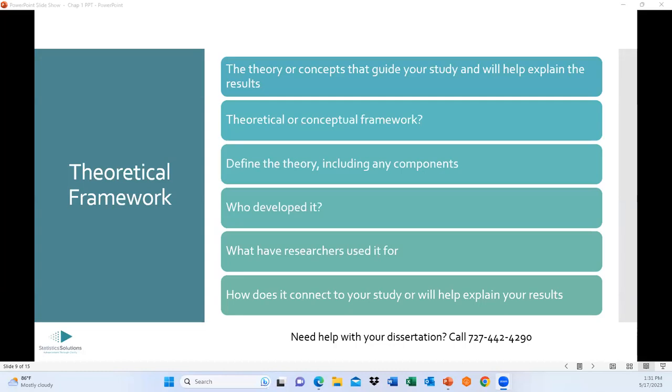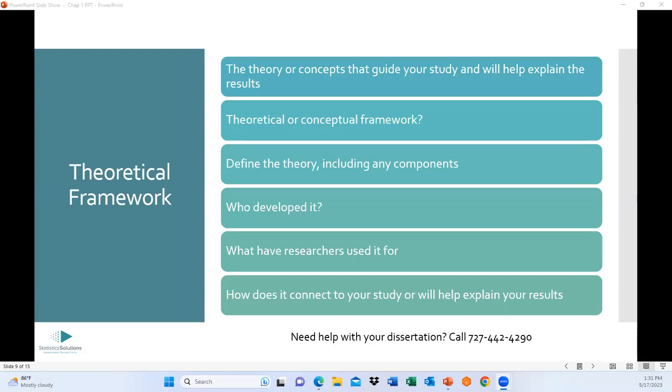You pick an instrument because the instrument that you chose is going to give you the information that you're looking for. So you choose, let's say, Goleman. He's a proponent of emotional intelligence. You use Goleman's instrument to measure emotional intelligence.